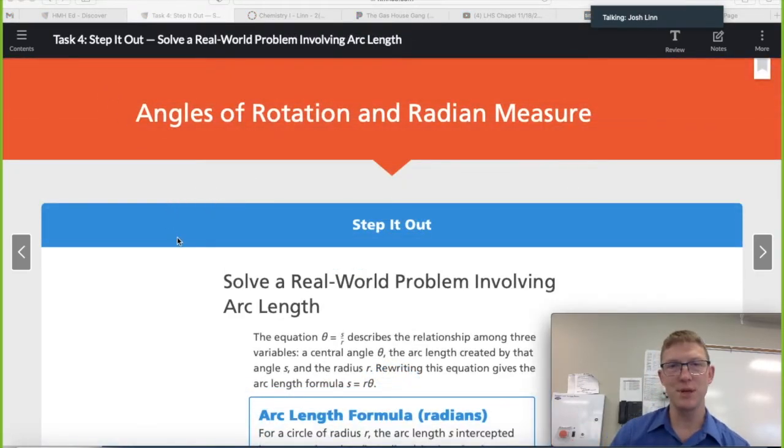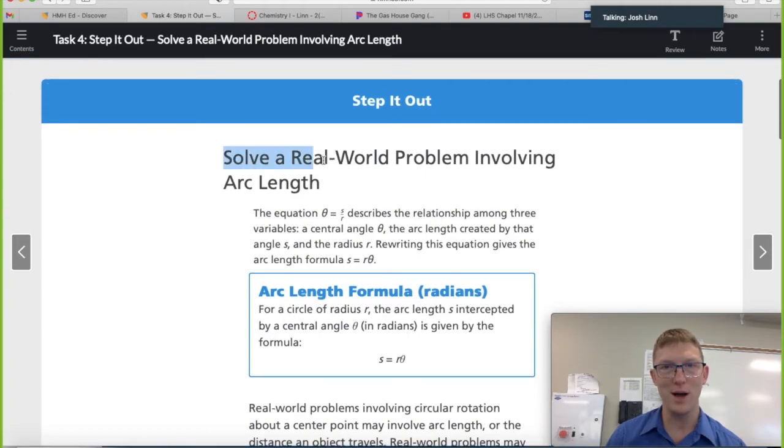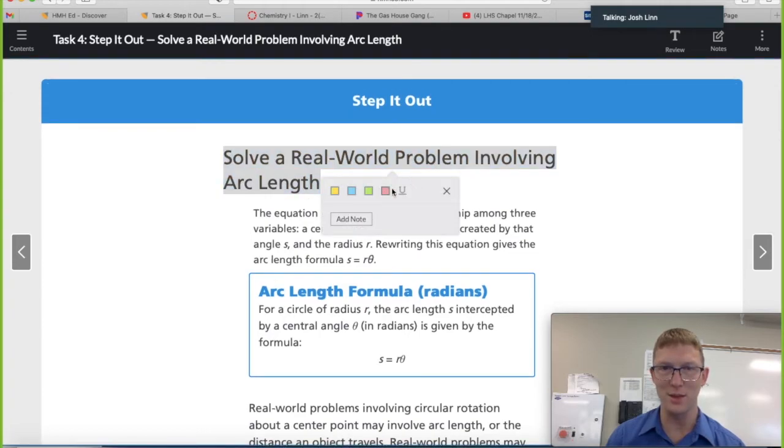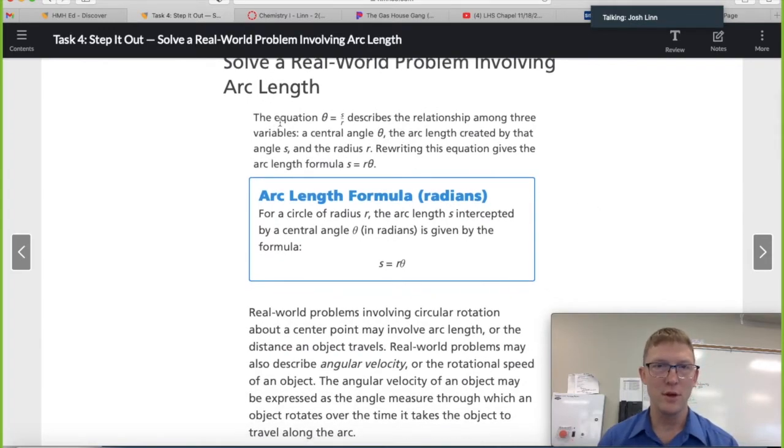Today, we solve a real-world problem involving arc length. All right, let's see what they got for us. The equation theta equals s over r, the arc length over the radius, describes the relationship among three variables: central angle, arc length, and radius.